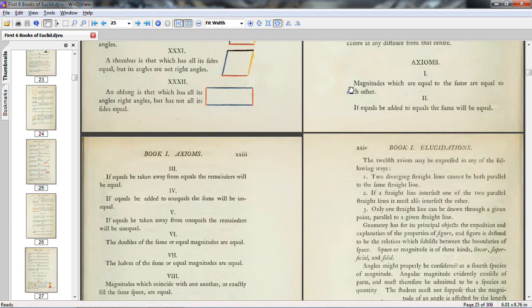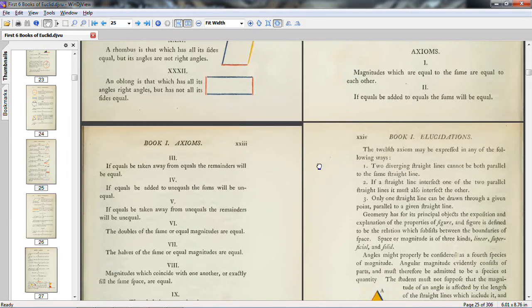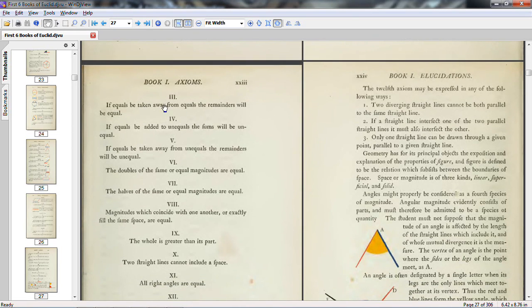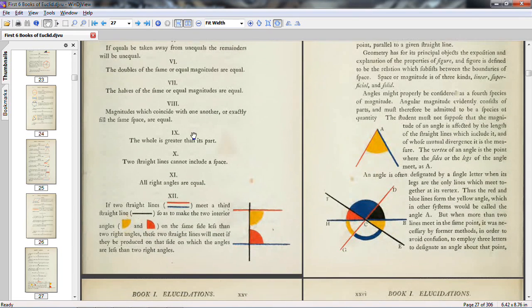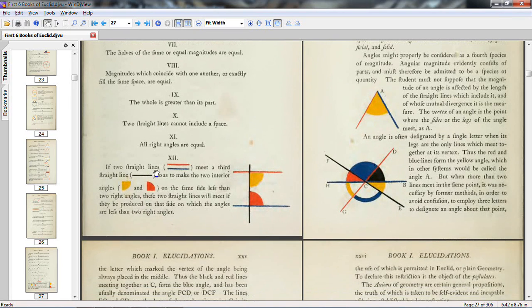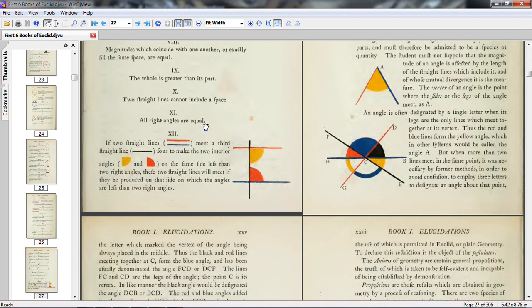There must be more than 5. 2, 3, 4. Okay, but then this is not. None. These are not in the current version. No, right angles are equal, isn't it?